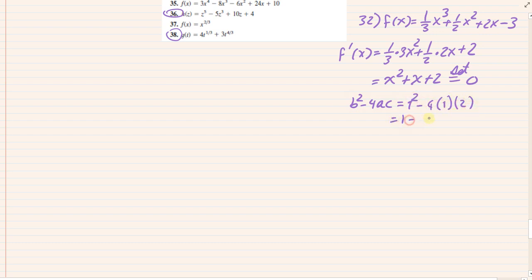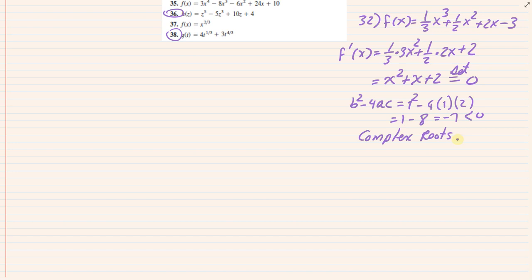The discriminant is -7, less than 0. So this one has complex roots, right? Complex roots. So that means because discriminant is negative, therefore there are no real solutions, so no critical numbers here.